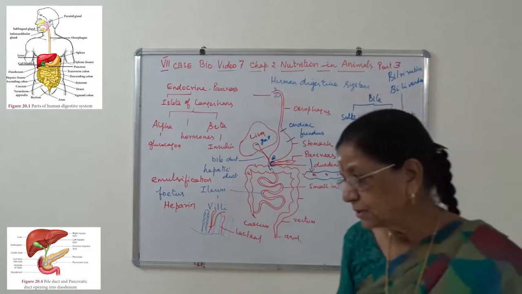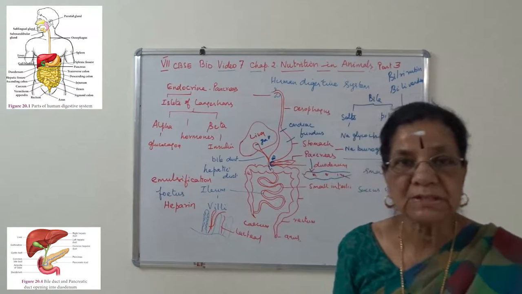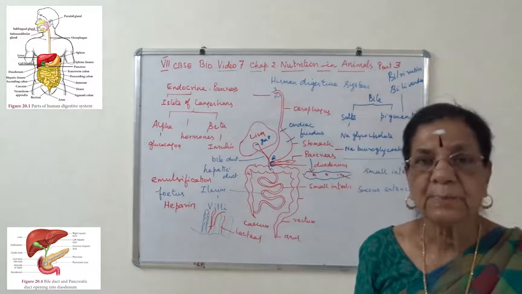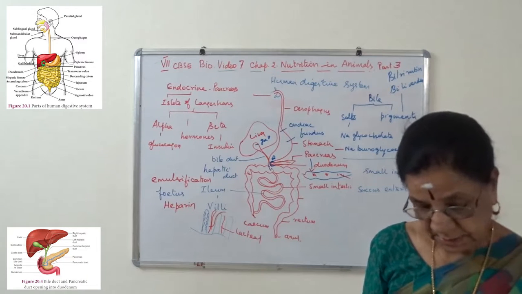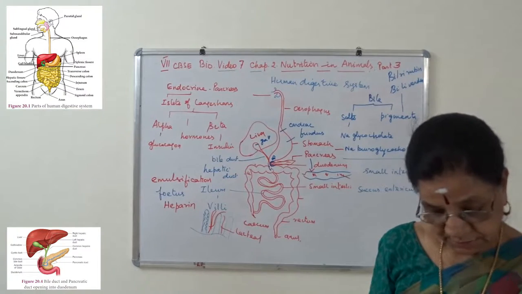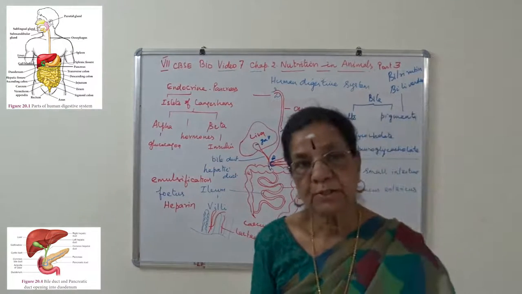Diffusion and osmosis are simple processes, and active transport is different from this passive transport, right? They absorb nutrients and transport them to different parts of the body through blood.